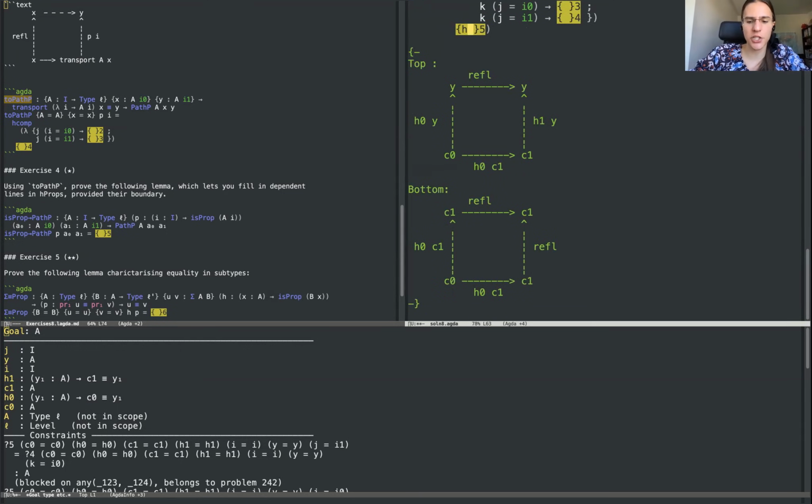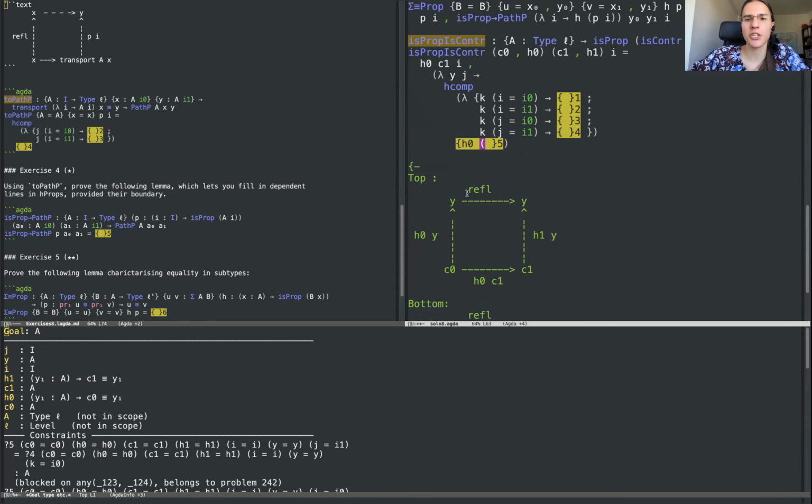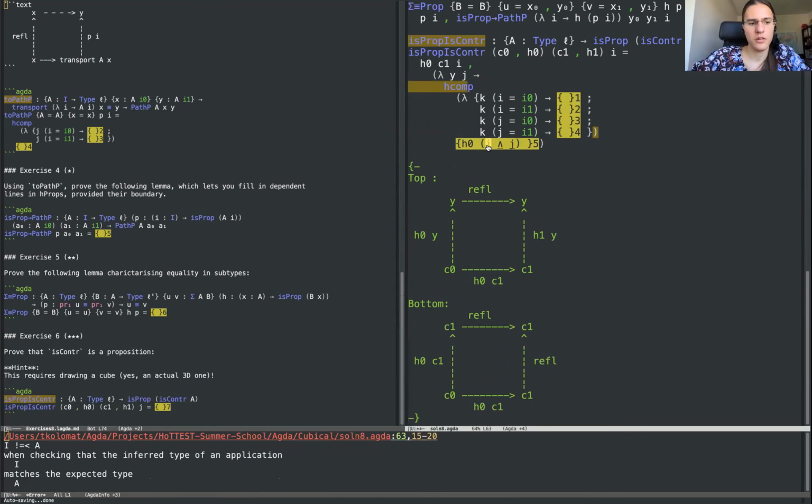I'm going to take H naught of, and this is going to be an expression in I and J, I min, so wedge. Sorry, H naught of C1.